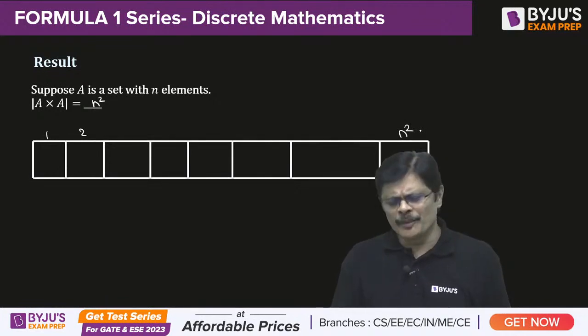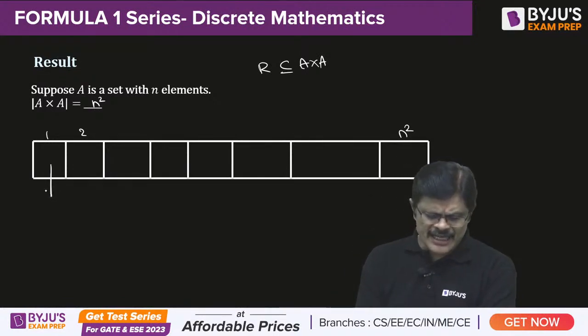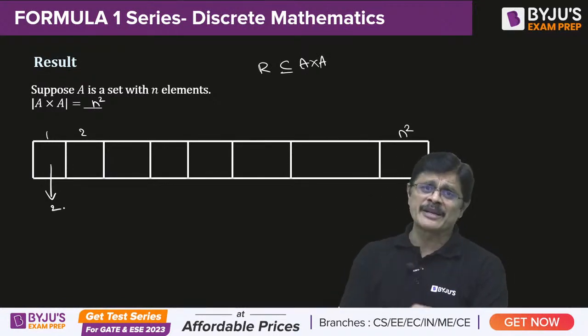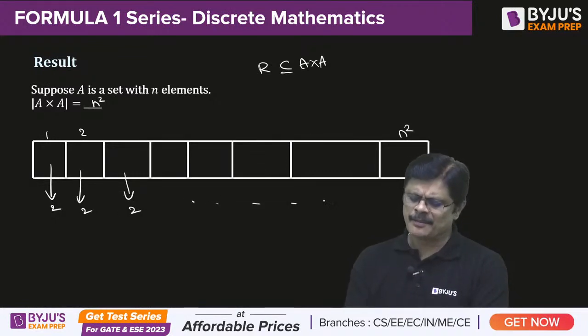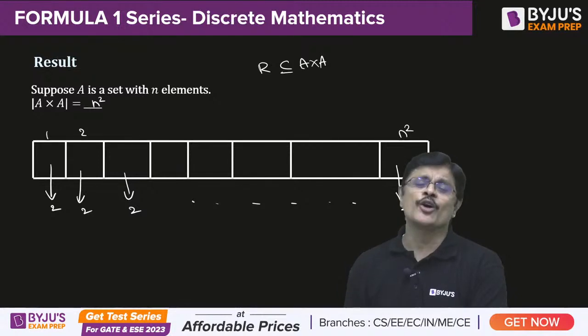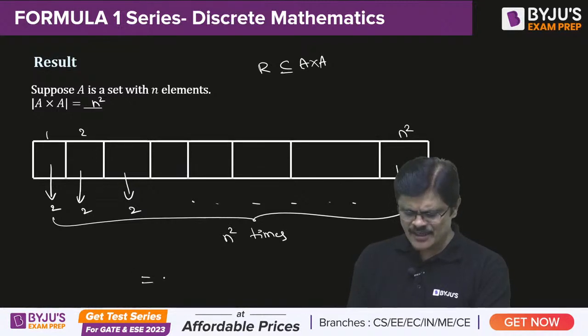What do you mean by relations from set A to A, sir? It is a subset of A cross A. See, if you want to form a subset, for each element there are 2 choices. It may be present or it may be absent. Present or absent, 2, 2, 2, 2. How many times, sir? N square times. So what is the answer, my dear friends? 2 power n square is the required answer.